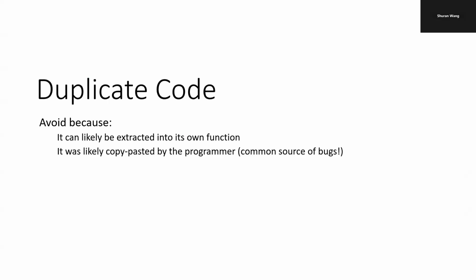The most common source of bugs is that when you are copy and pasting some bits of your code, and you need to change something in those bits of code, you forget to change one of those.